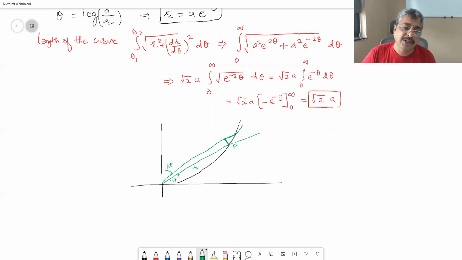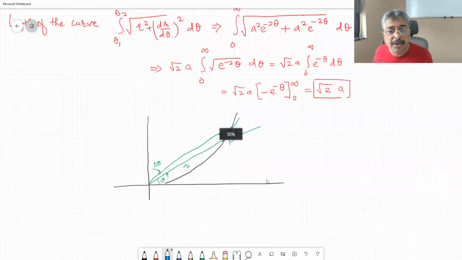Now if we extend this r line, then the angle between the tangent and the line joining the center with P, suppose that angle is phi. The angle here is, now wait, I have a facility to expand and make it bigger.